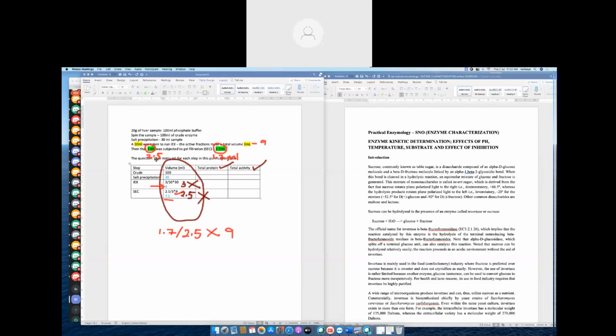So if we run 2.5 mil, and then we get 1.7 mil, we put here 1.7 divided by 2.5 multiplied by 9, because this is 9 from the previous step. It is not necessary to run 3 mil or run everything from the previous step.